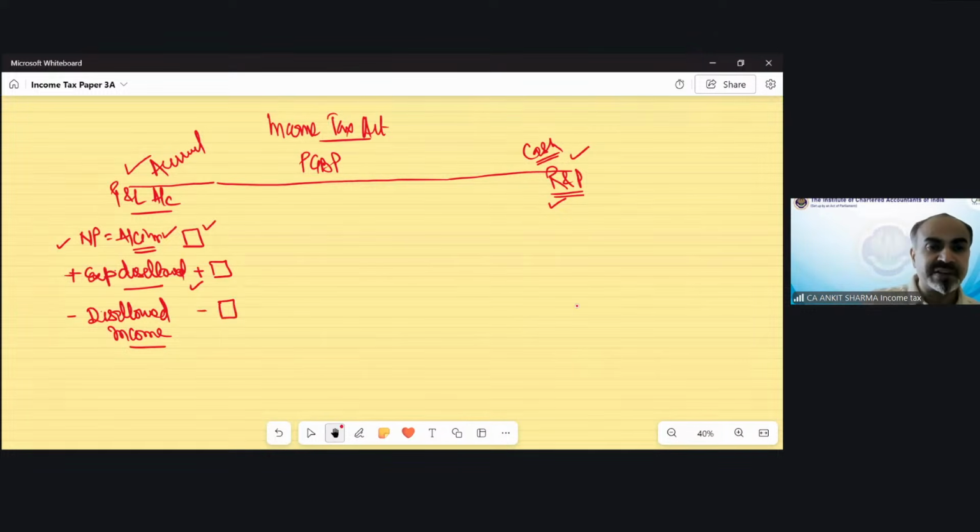Suppose in the calculation of this profit, dividend income, interest income, rental income, profit on sale of asset has been credited in the profit and loss account as per accounting provisions, then I have to nullify the effect of those incomes. So what do I need to do? I need to disallow or reduce those incomes from the profit given.